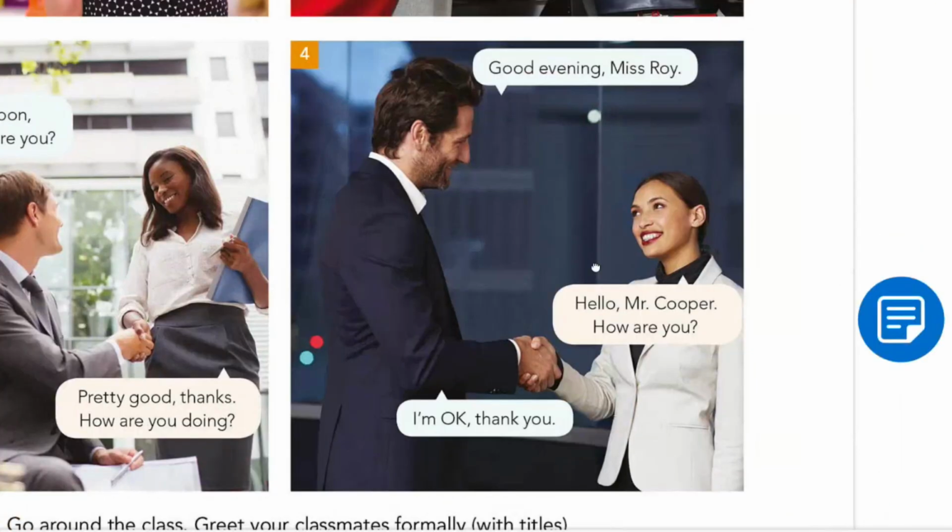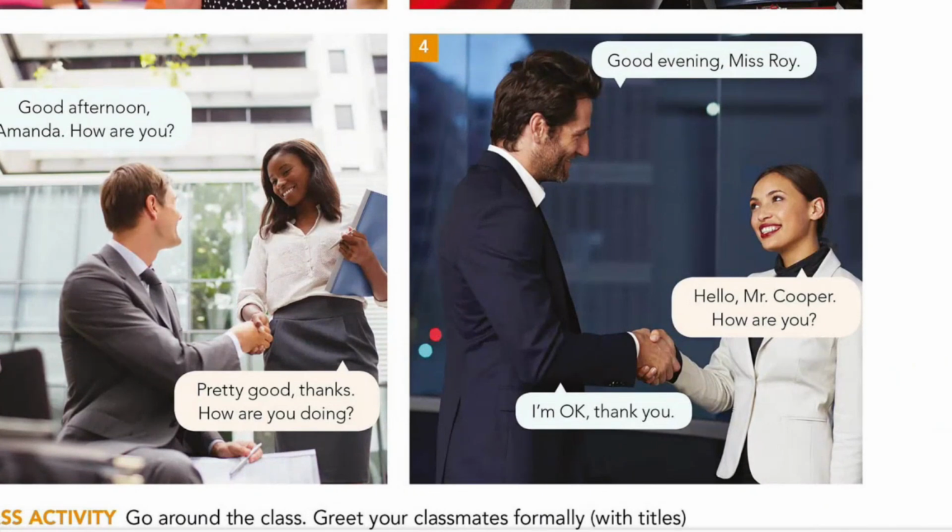And here we have conversation 3 and conversation 4, but it is in conversation 4 that we see some titles. The man here, very elegant, says, good evening, Miss Roy. Miss, because he knows that the woman is single. Very respectful, Miss Roy. And the woman says, hello, Mr. Cooper.